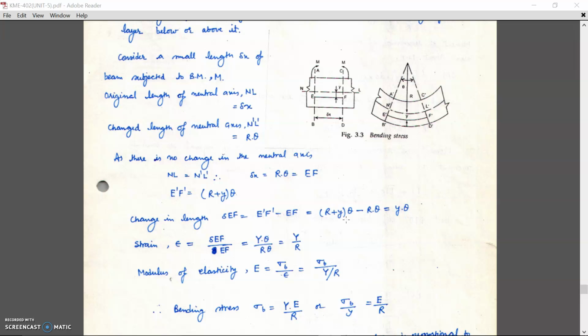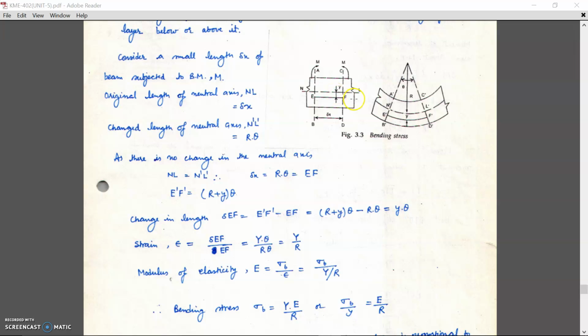Now the problem is how to find out the value of EF, right? How to find out the value of EF in my required terms. The value of EF is, in this case, when bending moment was not applied, the length EF will be equal to NN dash, or NL dash.